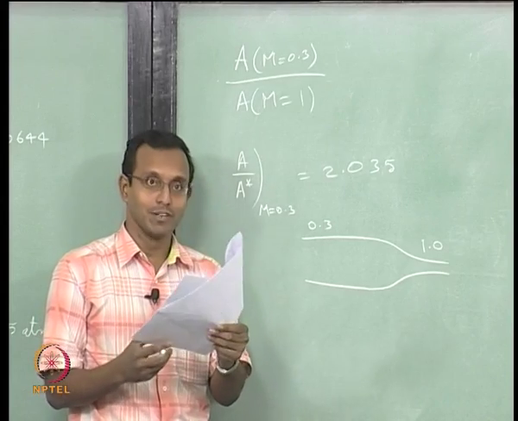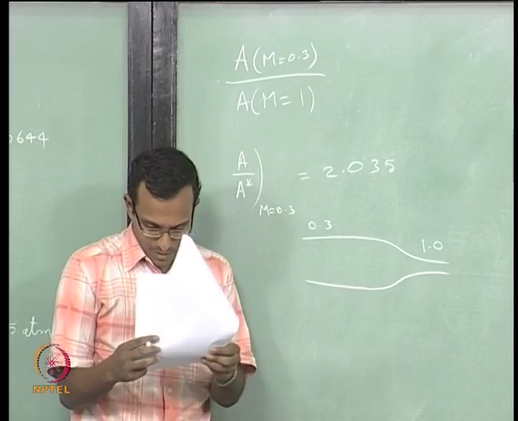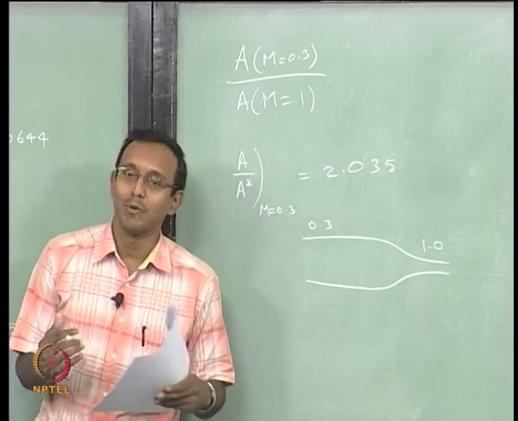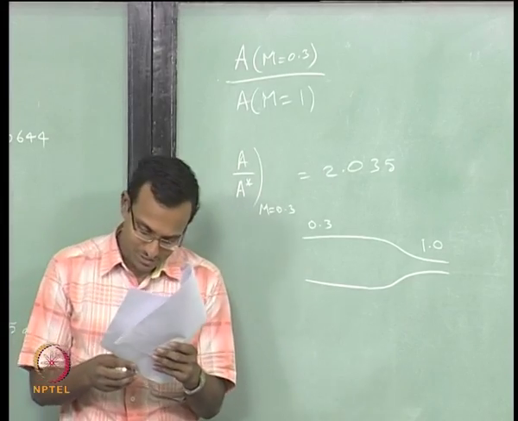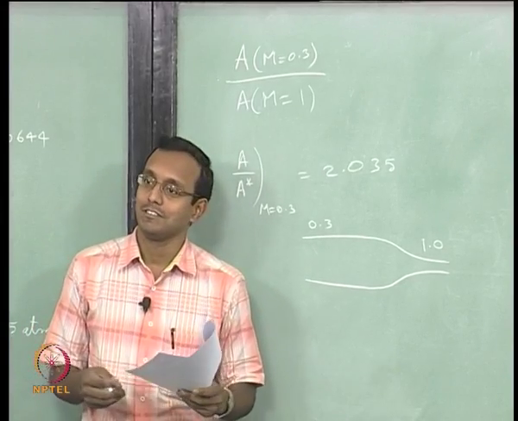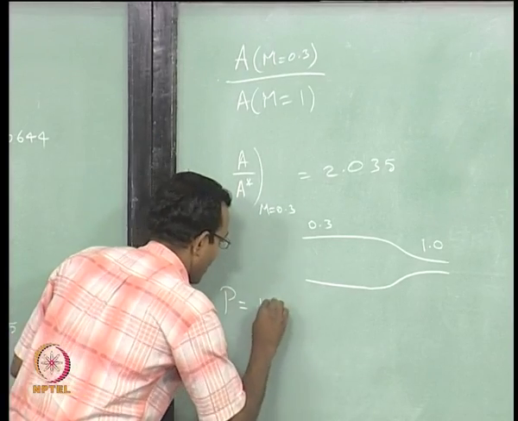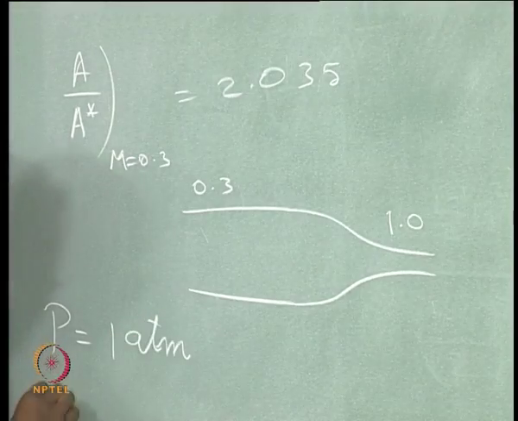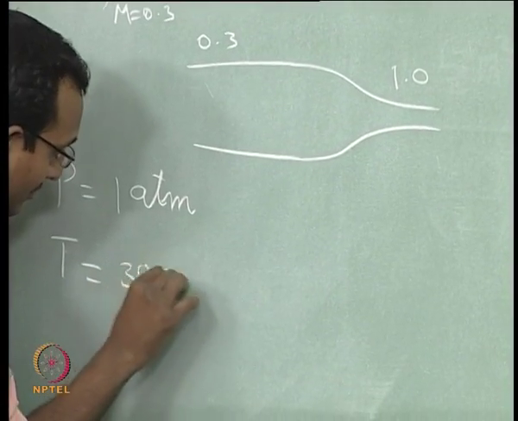I will just give you one more silly example. Find the stagnation condition, this is more of an application kind of problem. Say I have a rocket launch happening at P equal to 1 atmosphere, of course, and the temperature of that particular day is 300 Kelvin.